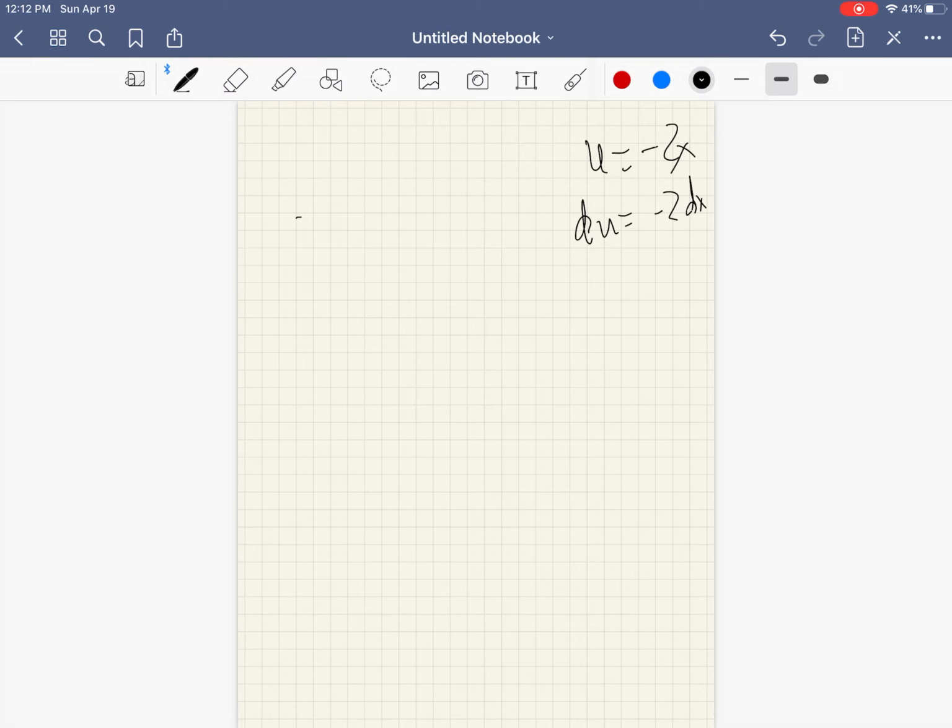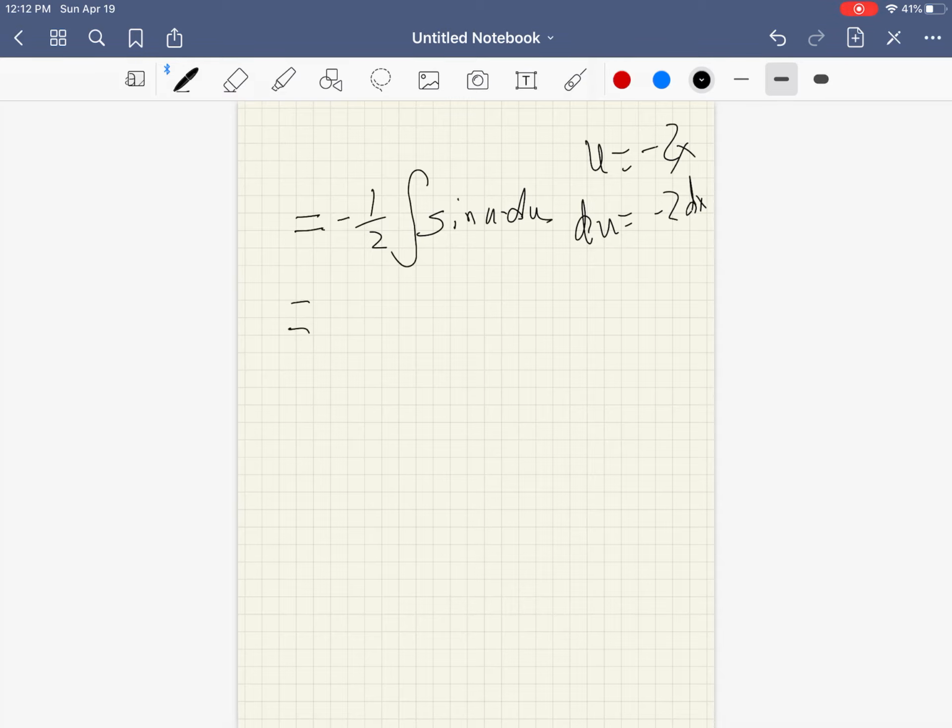So we'll have negative 1/2 out in front of the integral of sine of u du.